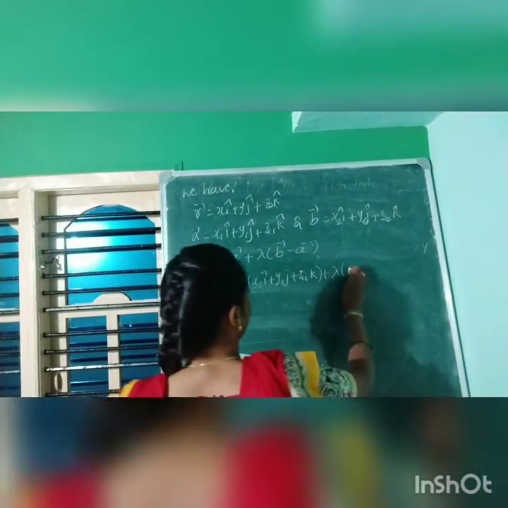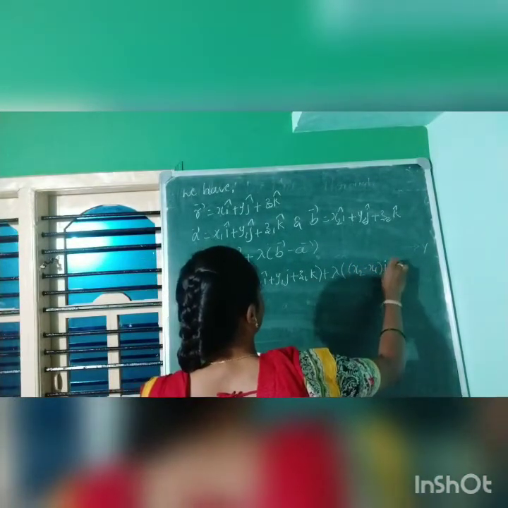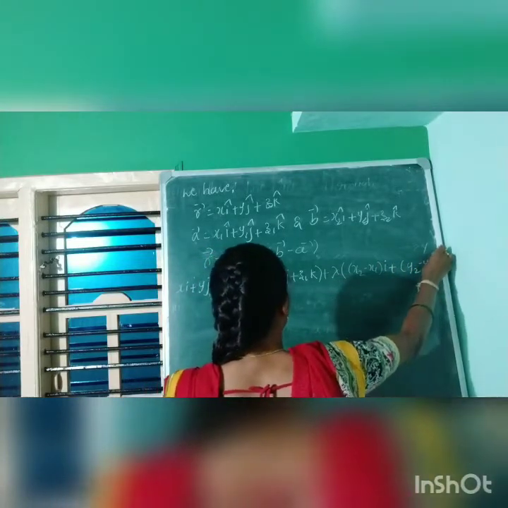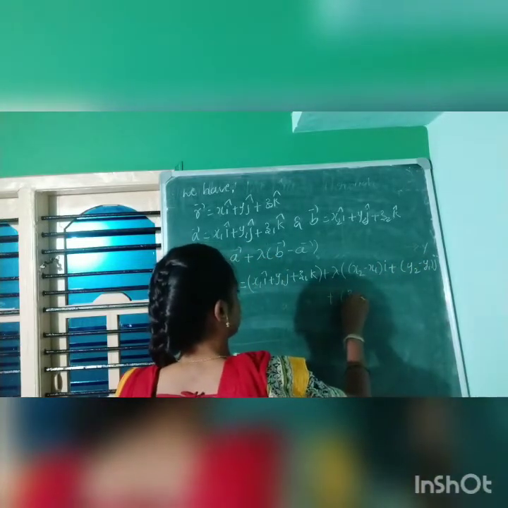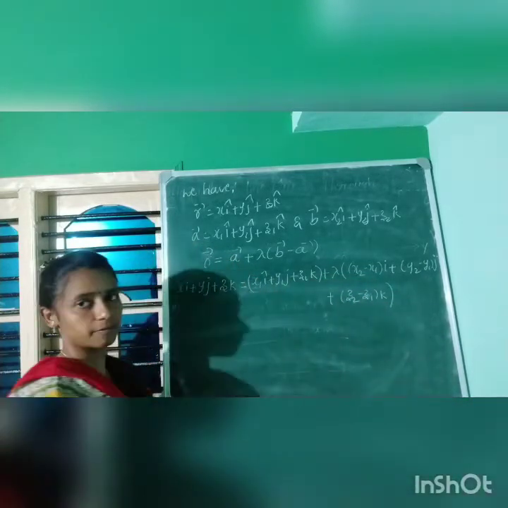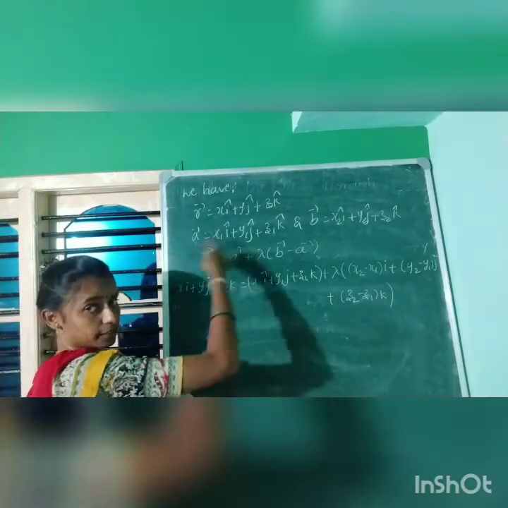So I can write this as (x2 minus x1) i plus (y2 minus y1) j plus (z2 minus z1) k. Again, I'll take this to this side.